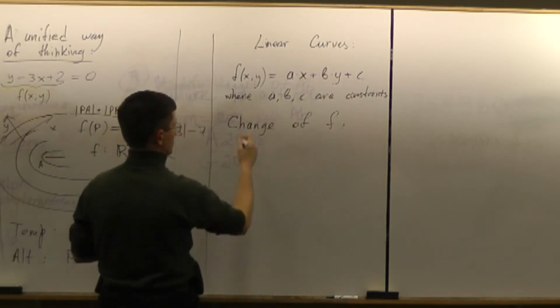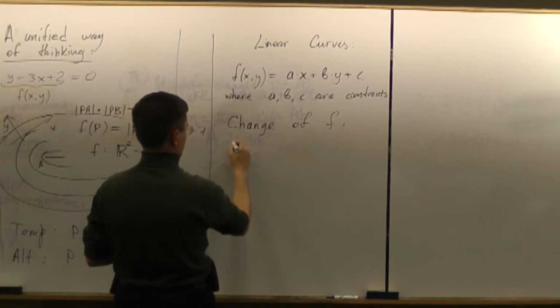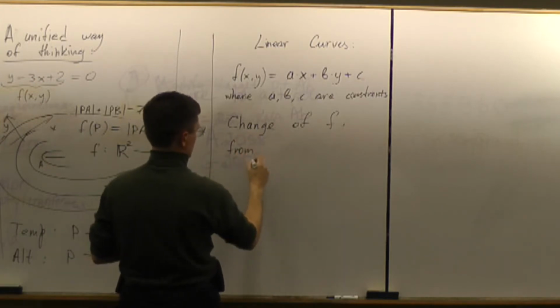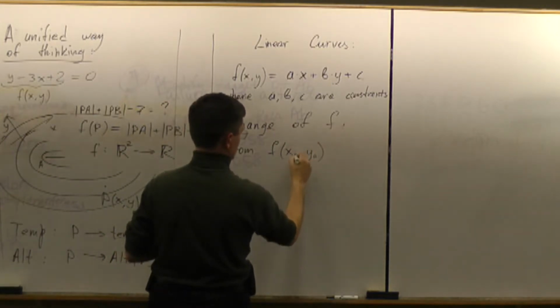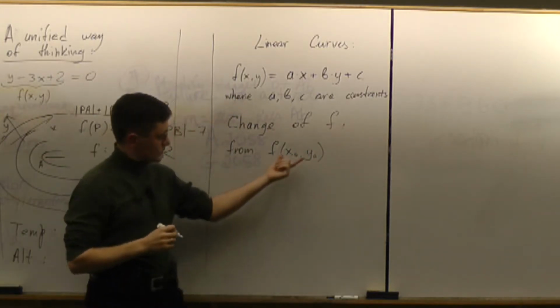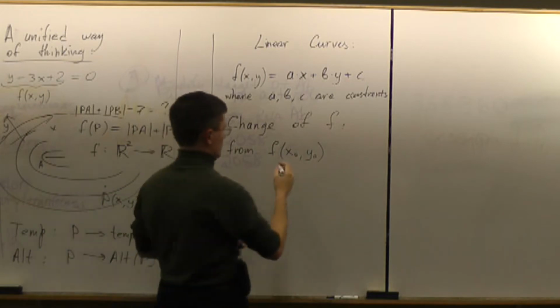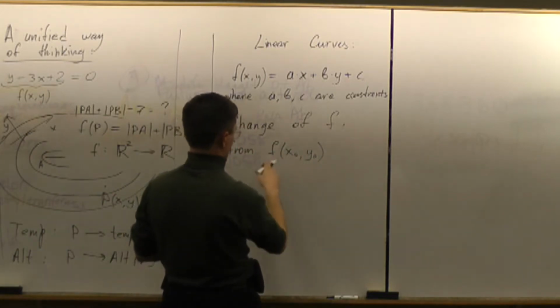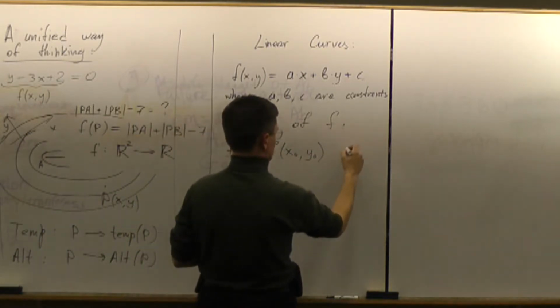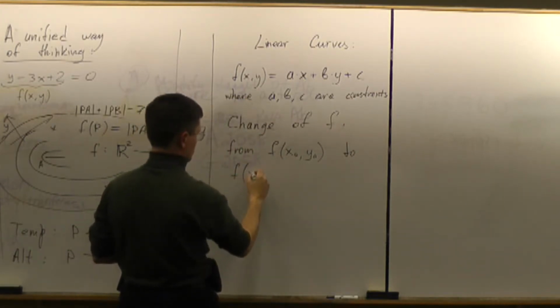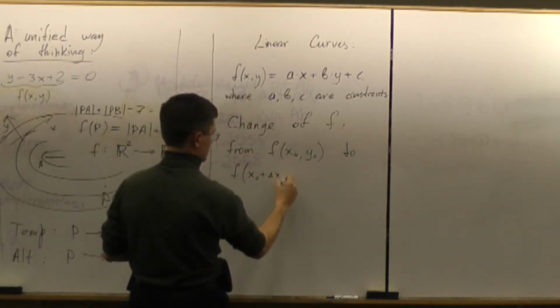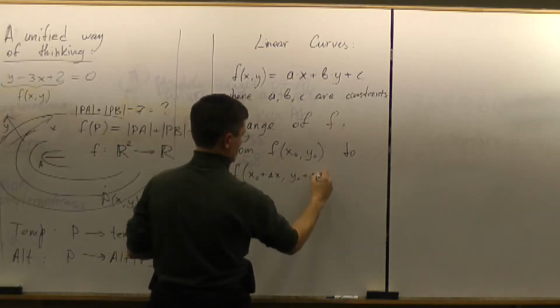So let me pick a point x0 and y0. Thinking geometrically, that's 1 point on a plane. And I want to compute the change from that value, f of x0, y0, to the value f at x0 plus delta x, y0 plus delta y.